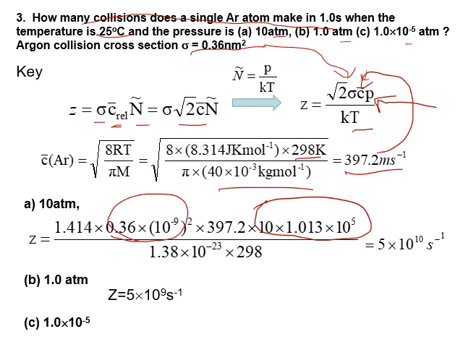So when pressure is reduced 10 times, collision frequency is reduced 10 times. Similarly, if pressure becomes 10 to the minus 5, then the collision frequency becomes only 5,000 per second. So the collision frequency is small at low pressure.